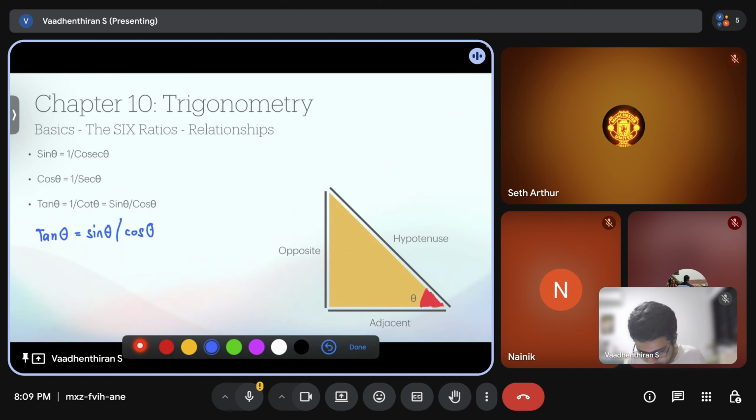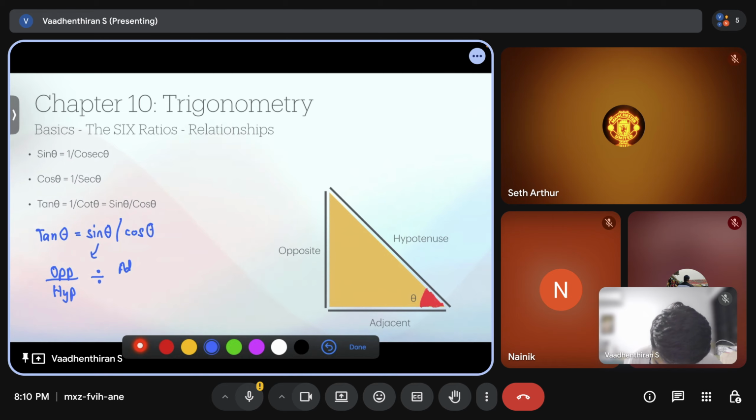How this works is, sine theta is opposite over hypotenuse, and you divide this by cos theta, which is adjacent over hypotenuse. When you do this division, you will get opposite over hypotenuse times hypotenuse over adjacent.